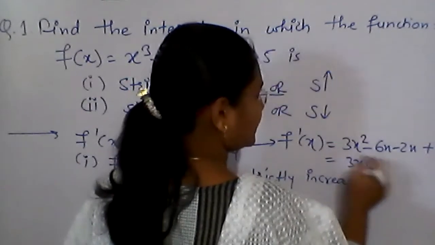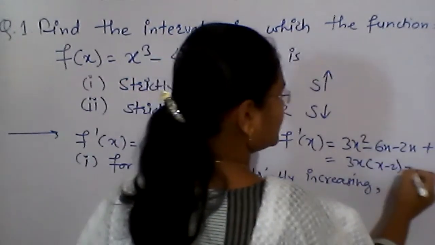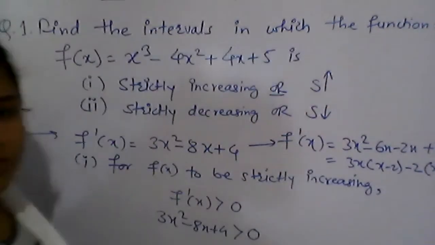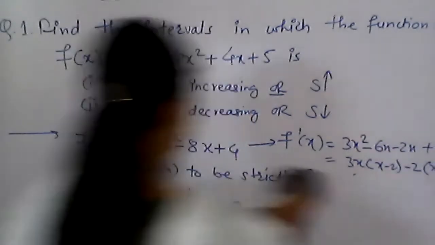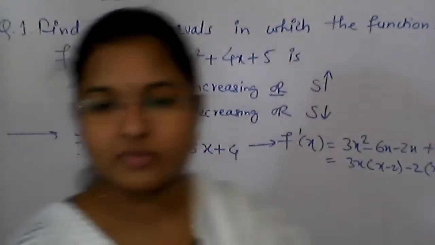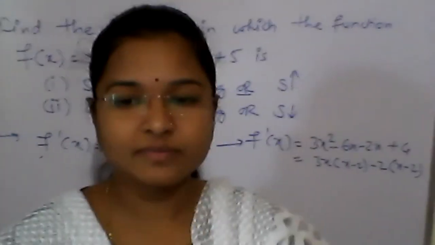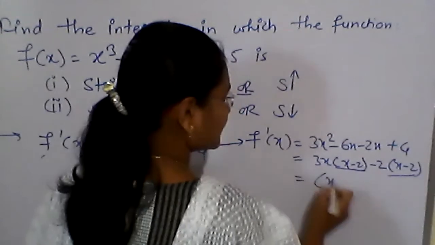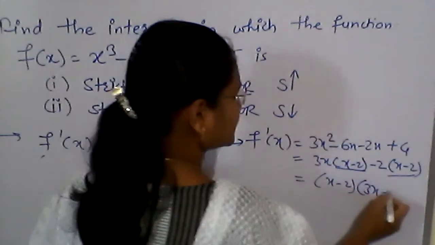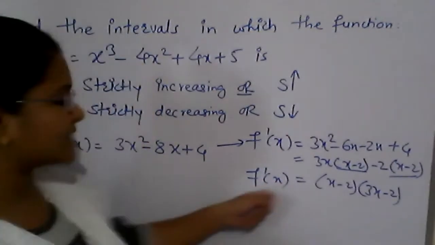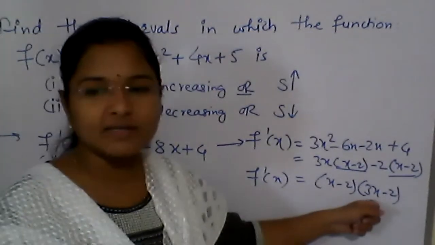So x minus 2, minus 2 common, x minus 2. We'll solve this. So we can write x minus 2 and 3x minus 2. So the factors for f dash x are x minus 2 and 3x minus 2.